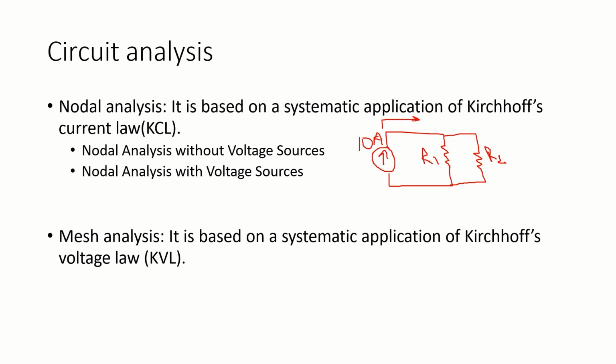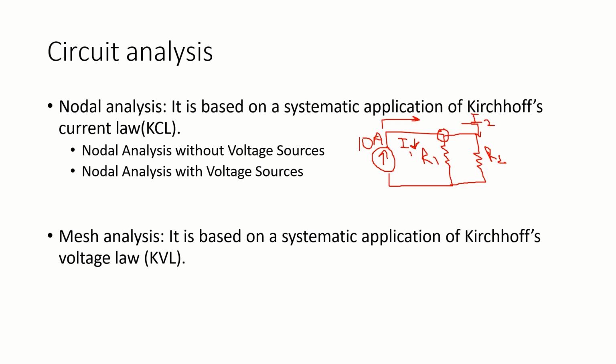When the 10 ampere current goes through this node right over here, it will split into two parts. Some amount of current will go through the resistor R1 and the rest will go through R2. So we can name them I1 and I2.